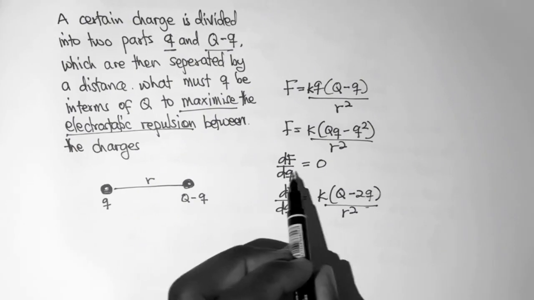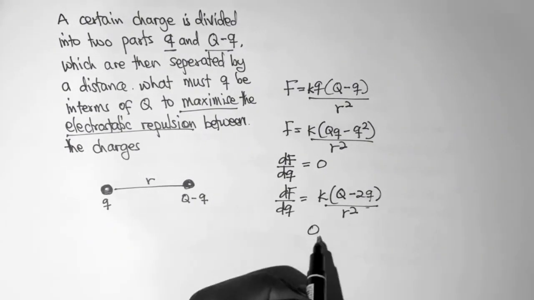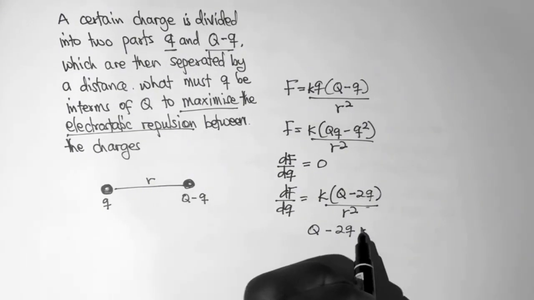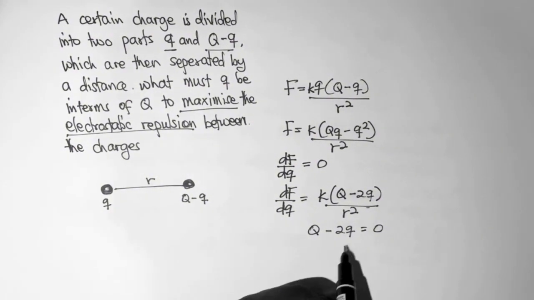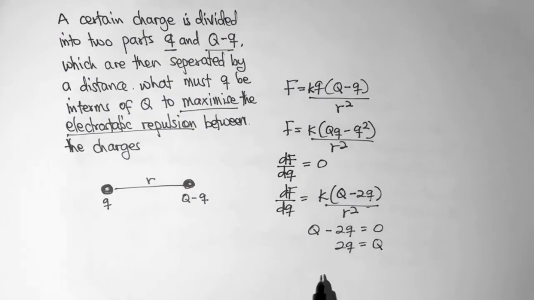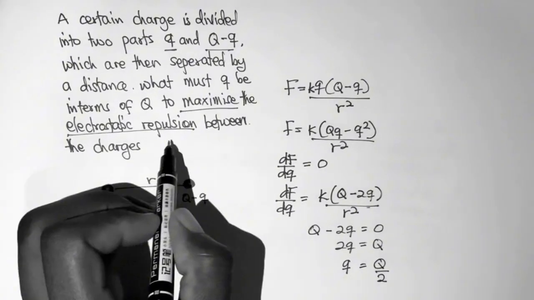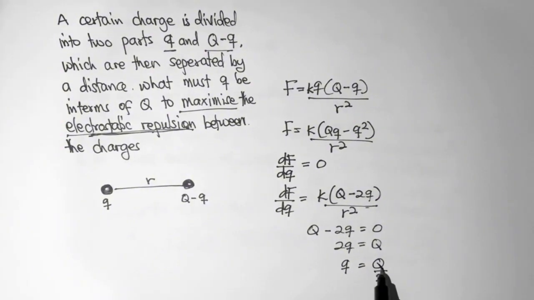So where dF/dq is equal to 0, this cannot be 0 except Q minus 2q is equal to 0. So let's make small q the subject. 2q is equal to capital Q, and therefore small q is equal to capital Q divided by 2. So the maximum electrostatic force of repulsion will occur where small q is equal to capital Q divided by 2.